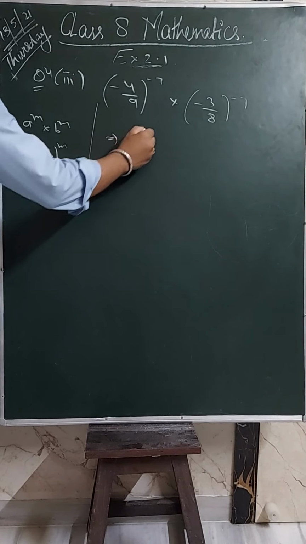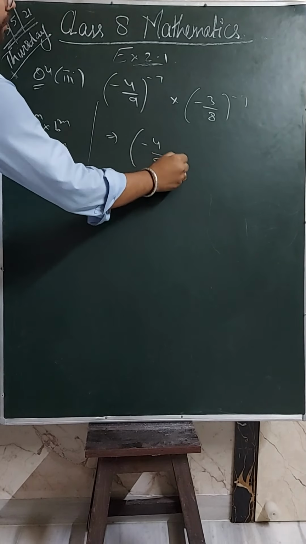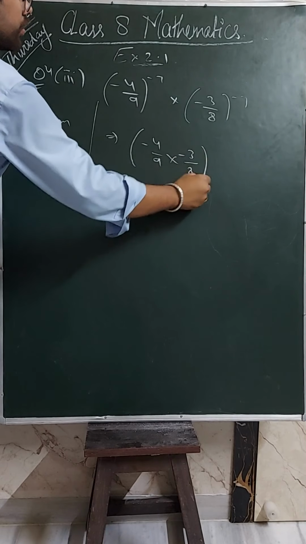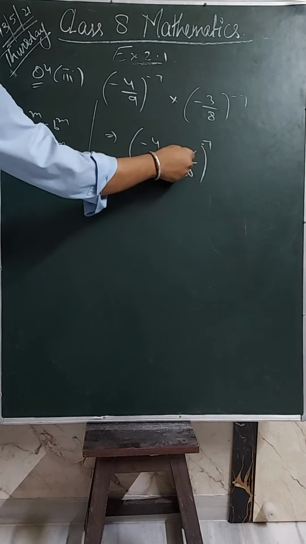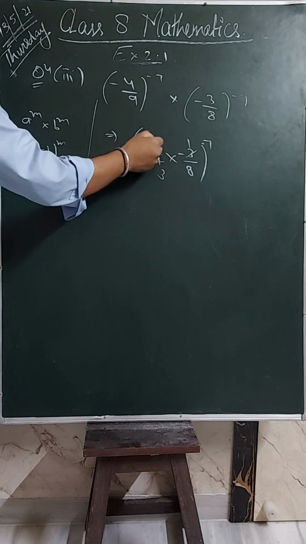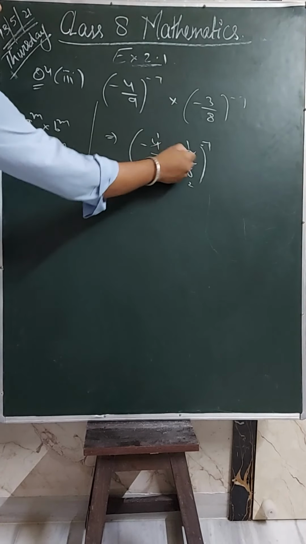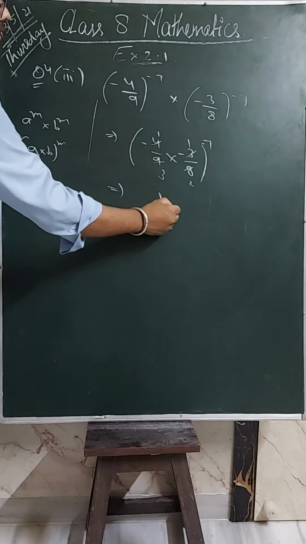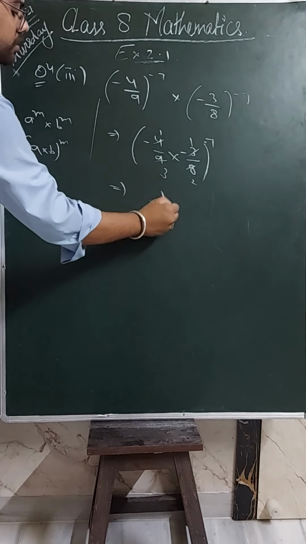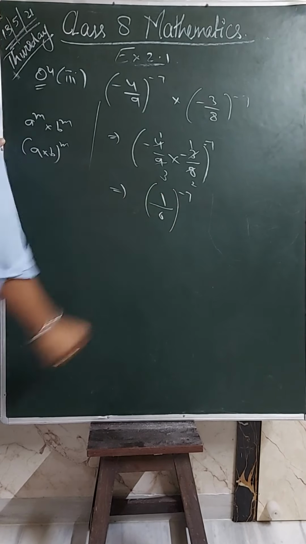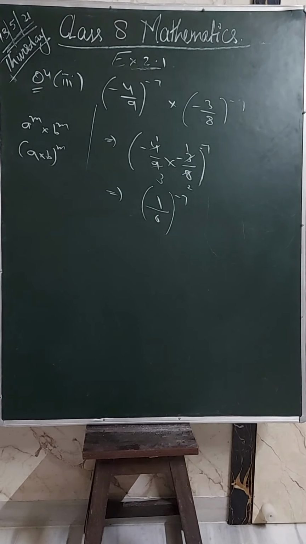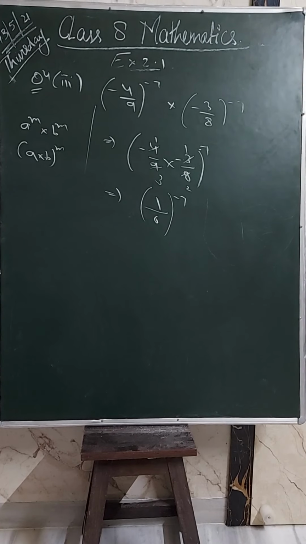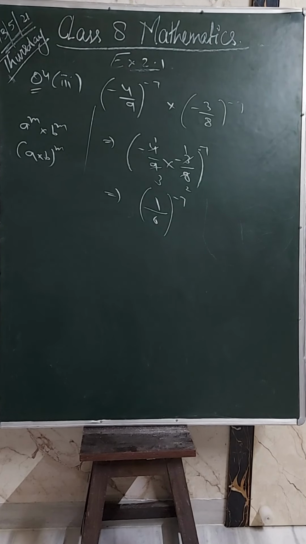If the power is same, we can multiply, power -7. Now 3 4s are 12, 3 3s are 9... minus minus will be multiplied. Answer will be plus, 3 2s are 6 whole power -7. This is only the answer. If we want the answer in the positive, you can do the reciprocal also. Otherwise, this will be also the right answer.